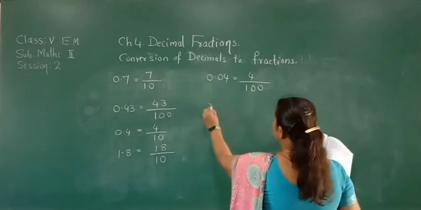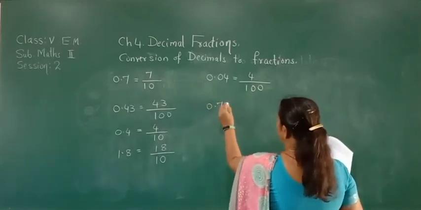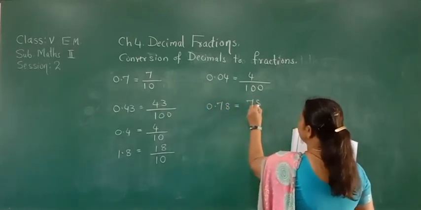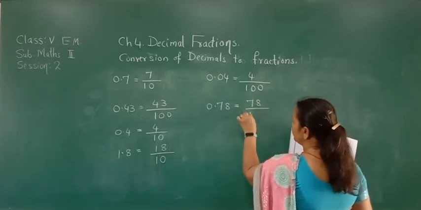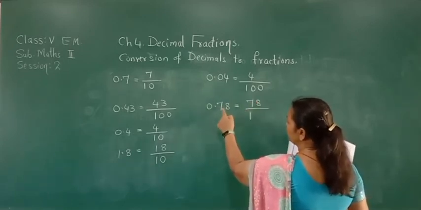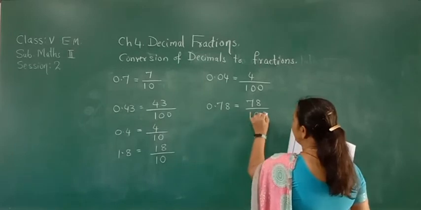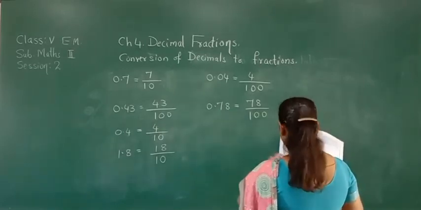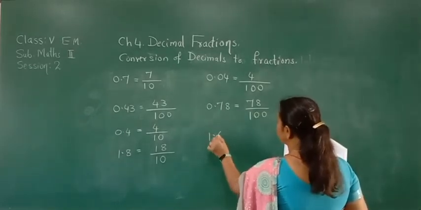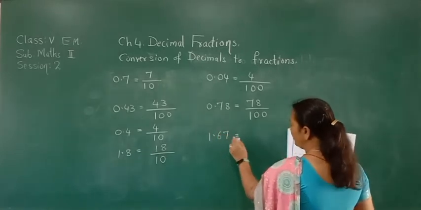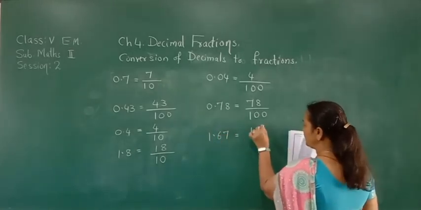Now if it is 0.78, then write 78 as it is, write 1. Then after the decimal we have 2 digits. So add 2 zeros. If it is 1.67, then all three together, write 167.